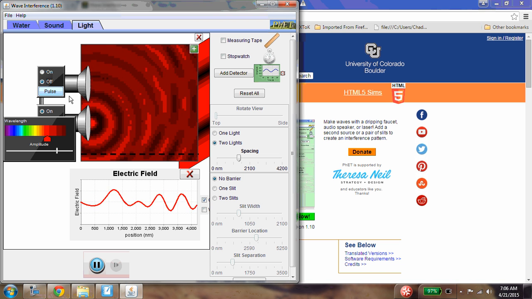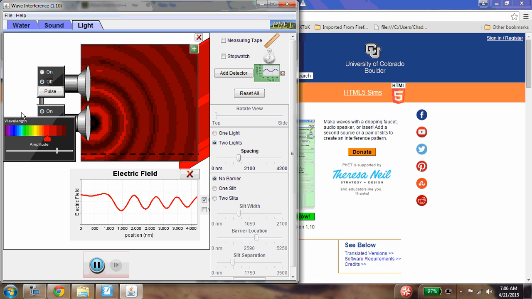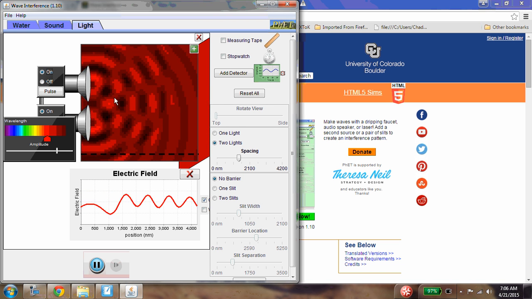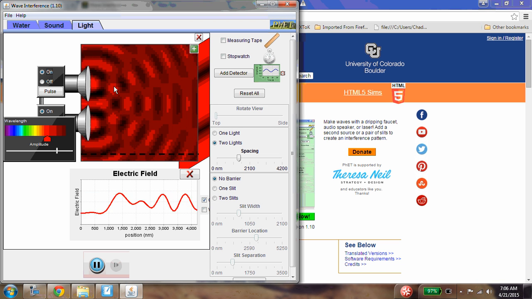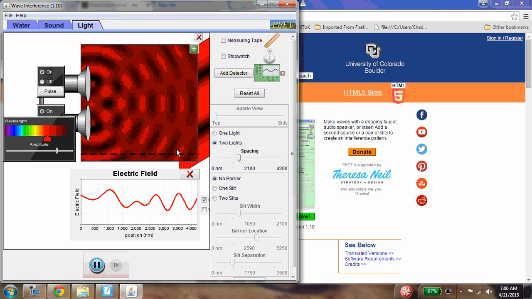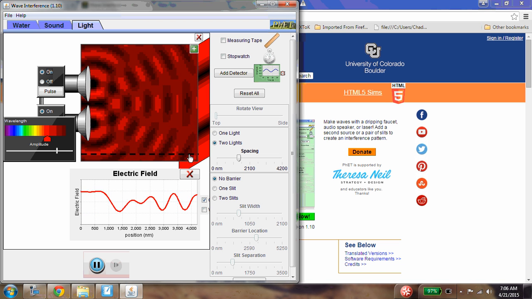If I turn this one off, notice that this one puts out waves. It has peaks here where it's bright and troughs where it's dark. And then if I turn on the other one, notice that where the peaks and troughs come together, I get a really dark spot, and where the bright spots come together, I get an even brighter spot. Now this shows the electric field, or the light, as it may be, where those parts come together.